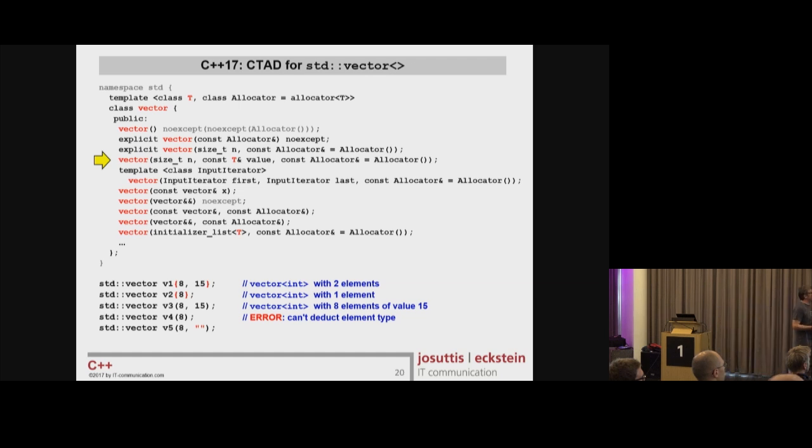But you can try to initialize 8 elements of a string literal. So does this work? The funny thing is here, it works when we consider deduction. So we will deduce the type of T. We will find out that the type of an element is, what is the type of this empty string literal?